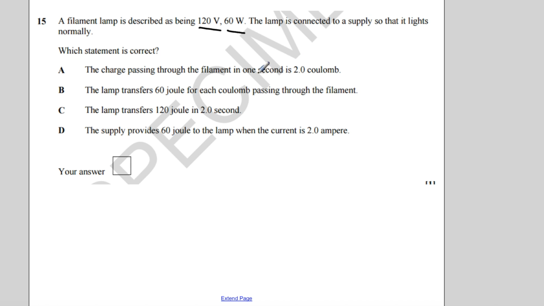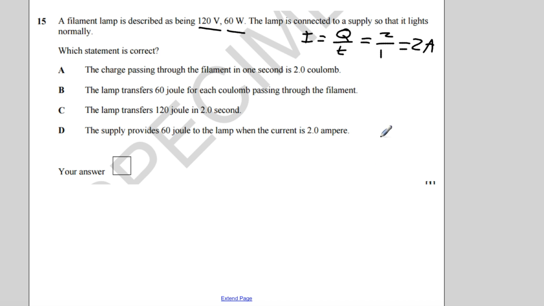So 2 coulombs in 1 second, so that is going to be equal to 2 amps. Remember the current is the charge divided by the time, and for statement A, the charge is 2 coulombs, time is 1 second, so that would be a current of 2 amps.